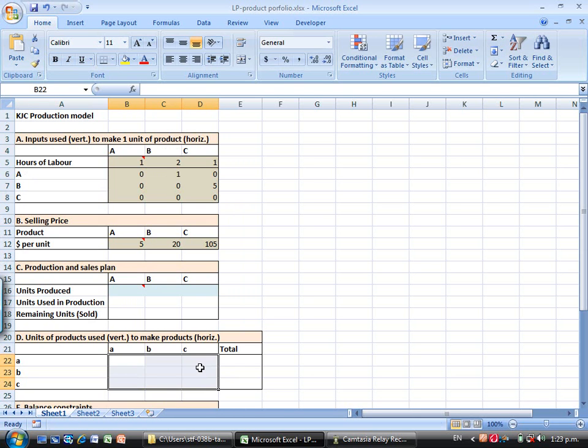Now the other input will be the actual number of units produced from here. So we need to know how many units of B we're going to make. Okay, so if we consider making 1 unit of product B, it's going to require 1 unit of product A. So we'd have a situation like this.